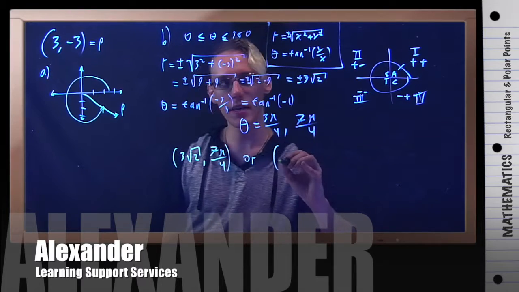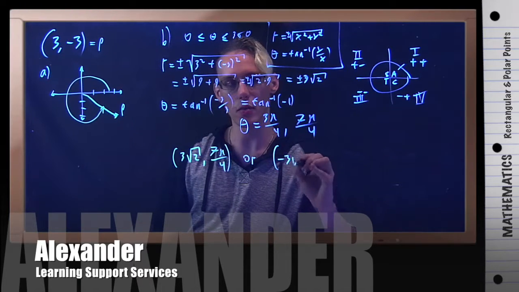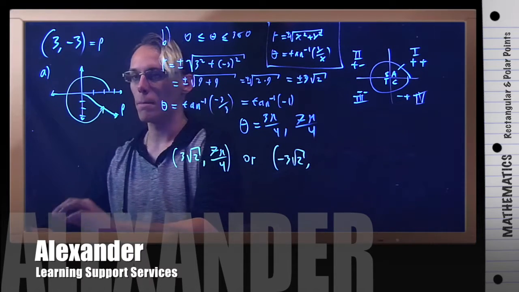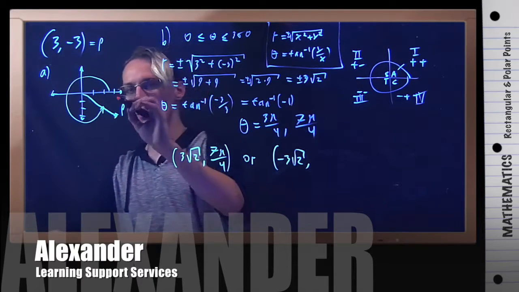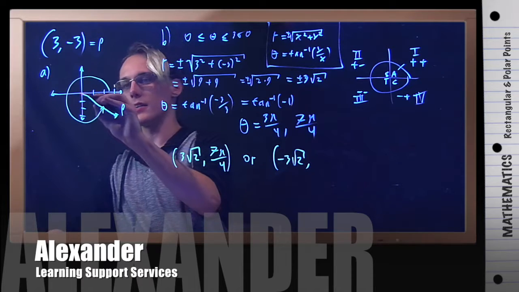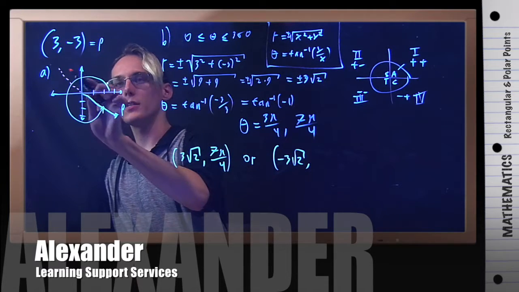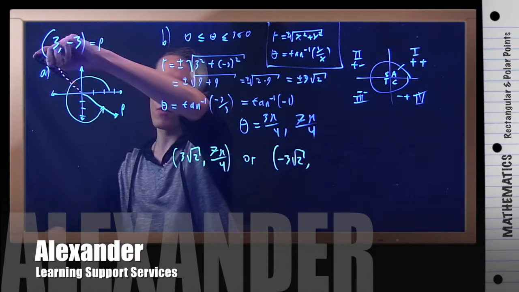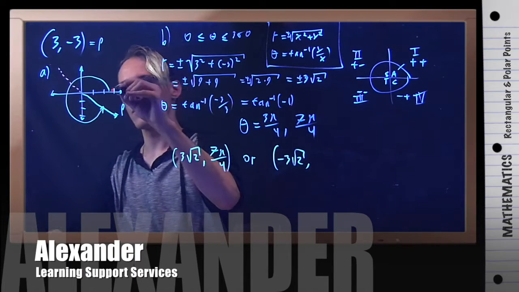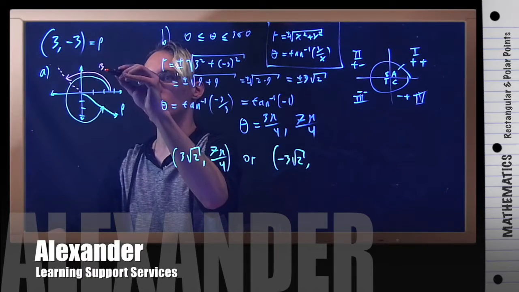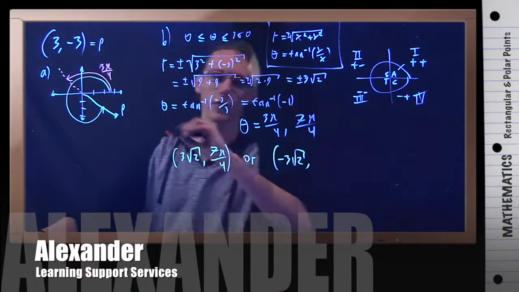All right, so what about the negative r, the -3 root 2? Well, in this case, what we can do is go directly opposite to this. And that's what the negative r will do, is if I'm pointing over here, the negative r will cause it to point in the opposite direction. So we can see here that that angle is the smaller one. This is the 3 pi over 4 in the second quadrant.